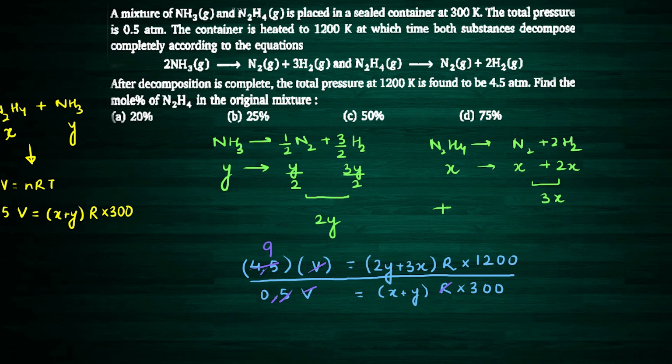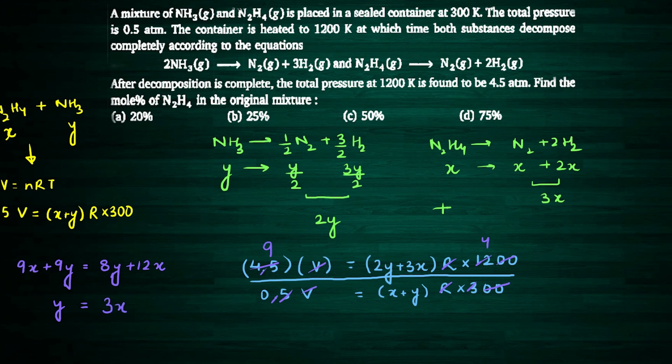R gets cancelled out, this gets cancelled out, and this gives a 4. So multiplying, we get 9X plus 9Y is equal to 8Y plus 12X. And we can write it as Y is equal to 12 minus 9, that is 3X.